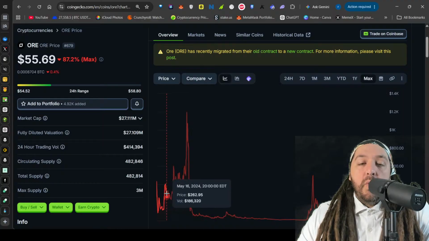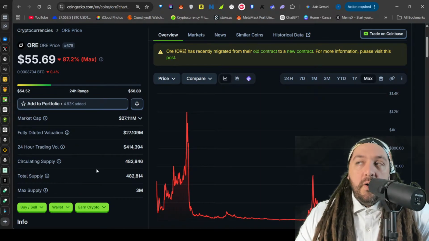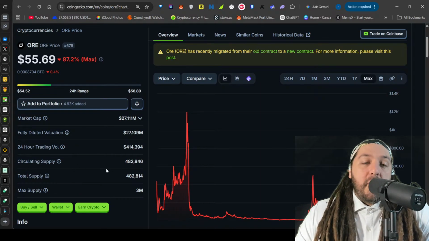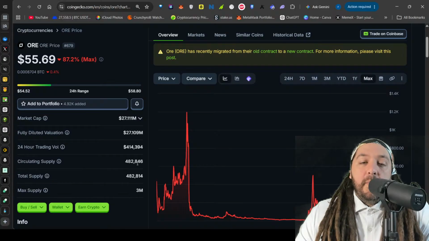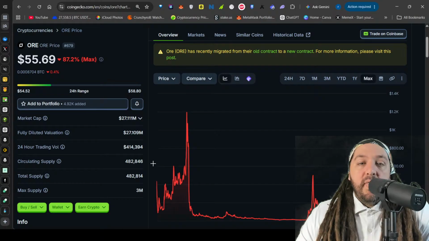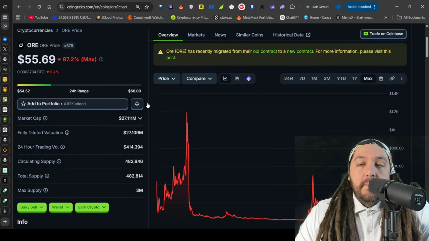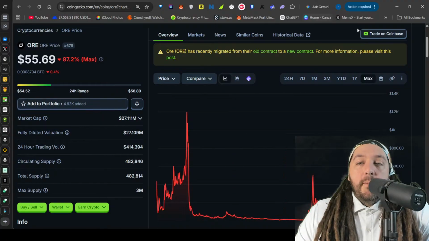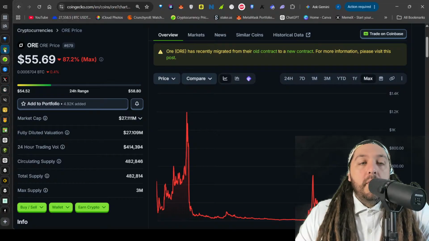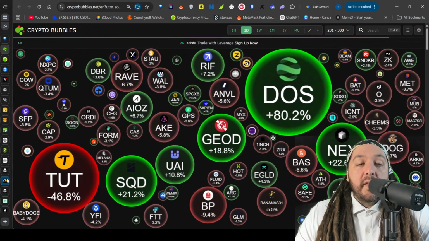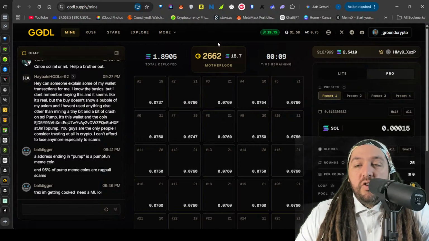It has a max supply of 3 million, where Godel has 280,000. But the circulating supply is much closer: 482,000, almost 483,000. So take 27 million divided by 483,000, and you get about $55 per unit. The point is, these are very similar projects, and you could see it with some adoption go on a crazy run, and I'm here for it. I also just really like the product and the project, and I just wanted to shout it out to everybody.